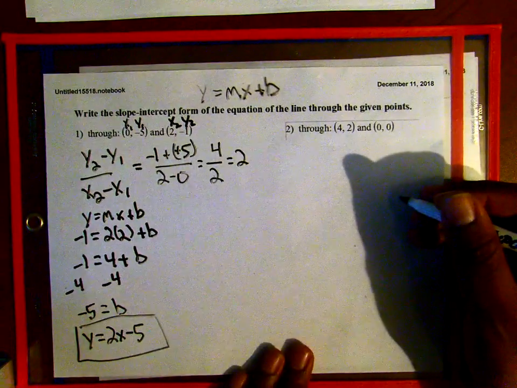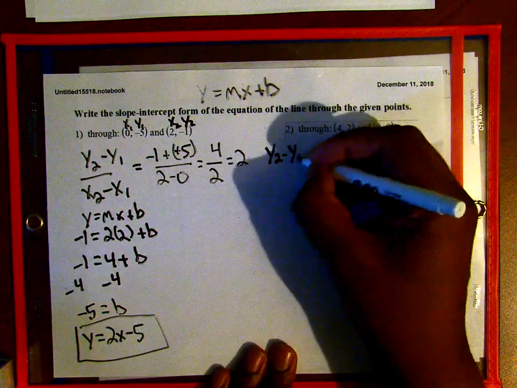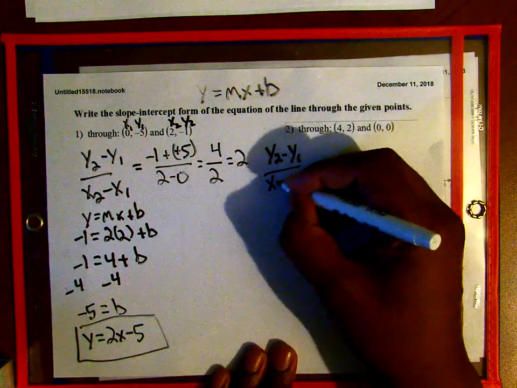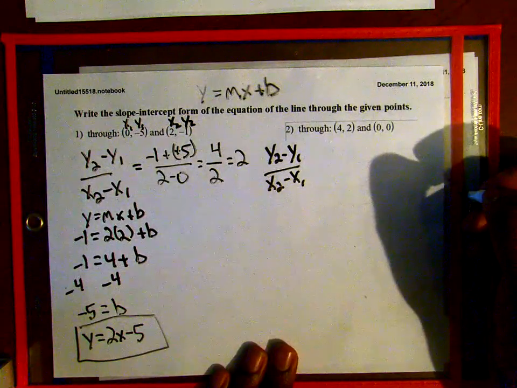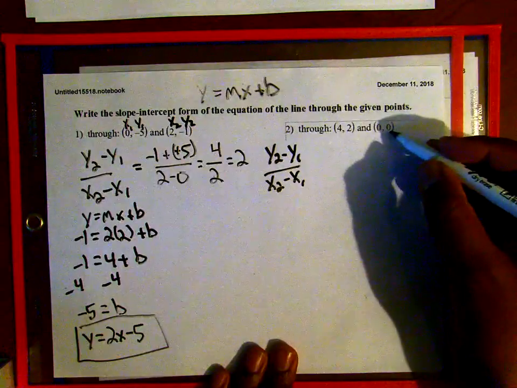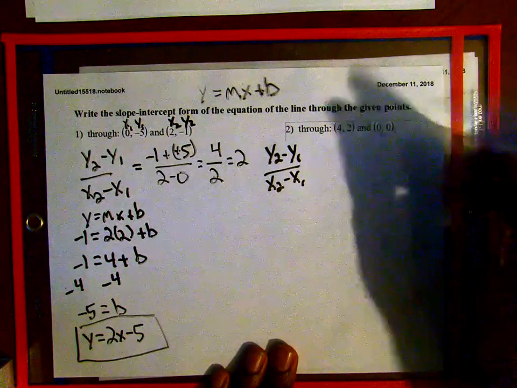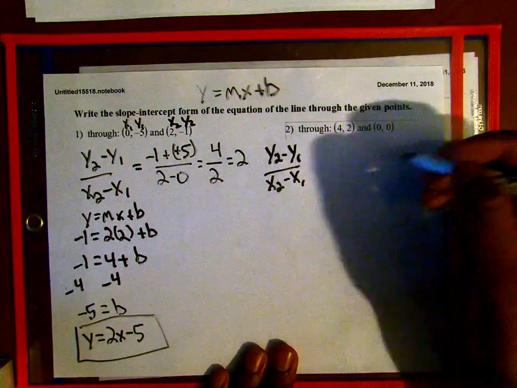Let's take a look at another example where you have y2 minus y1 over x2 minus x1. Again, (0, 0) would be a great one to use, but we're not at that part yet. Right here, we'll plug in every single thing we have.